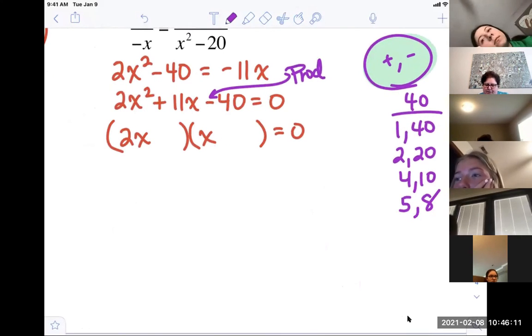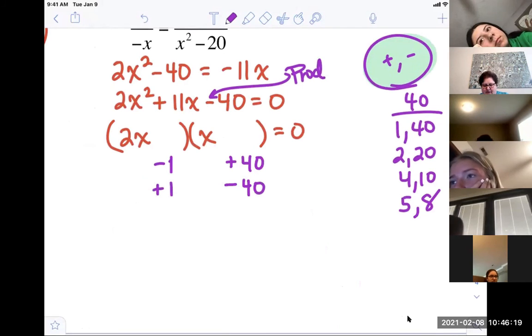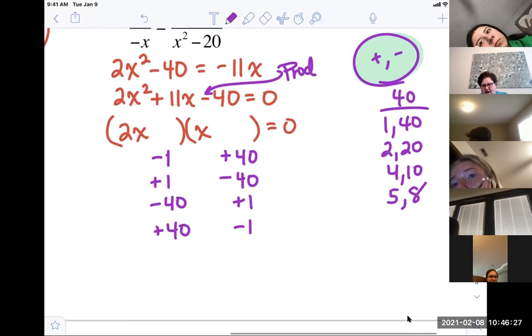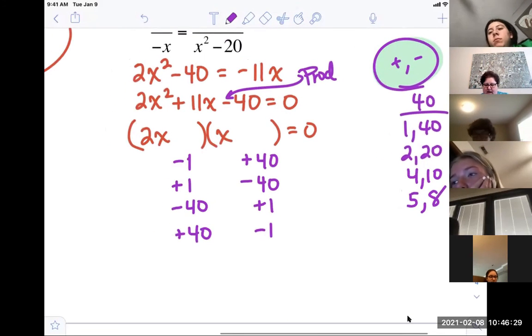But if you put like negative 1 and positive 40, that's going to be different than if you put positive 1 and negative 40. That's also different than if you put negative 40 and positive 1 or positive 40 and negative 1. So each one of those actually has kind of 4 different combinations that you need to be thinking about.